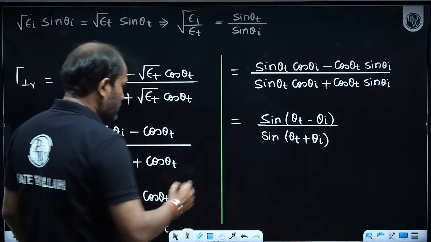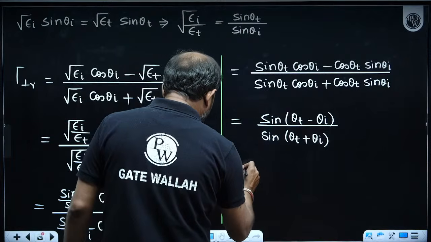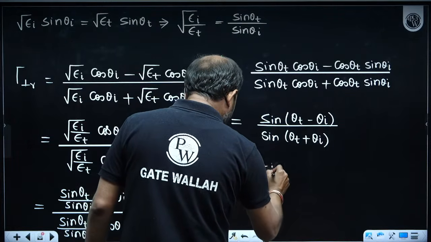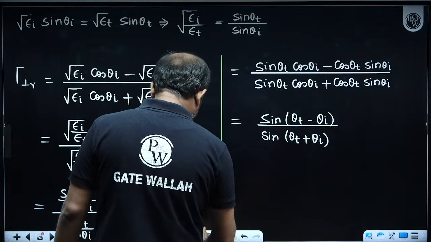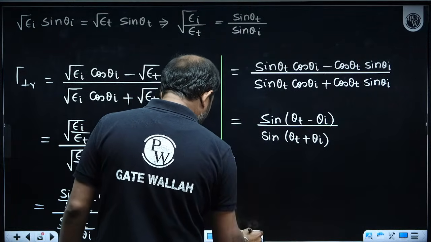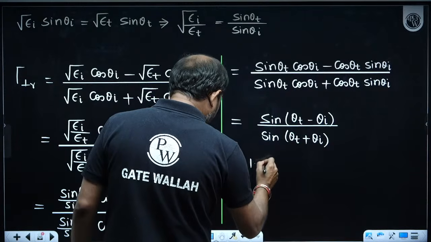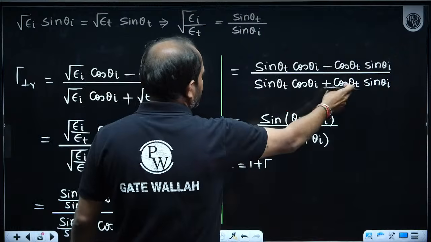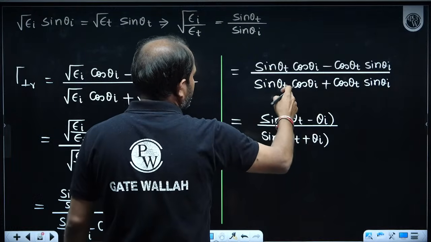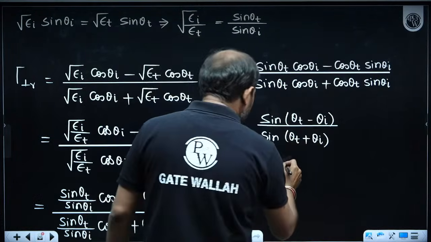So tau is equal to 1 plus gamma I. When you add, sin theta t will be added, it will be subtracted.